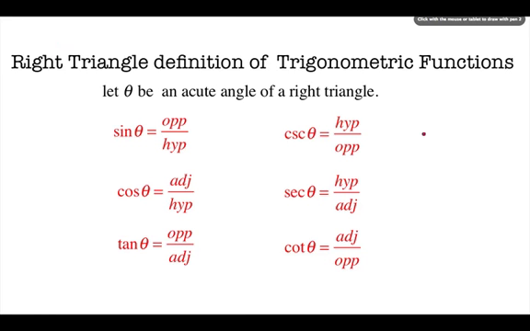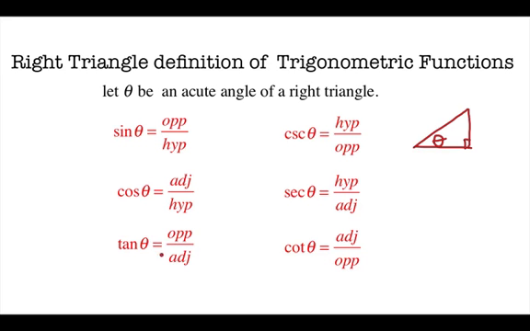Given any right triangle, theta, sine is opposite over hypotenuse, cosine is adjacent over hypotenuse, and so forth. And the reciprocals, you see them here, and you know the relationship between the reciprocals and sine, cosine, and tangent.